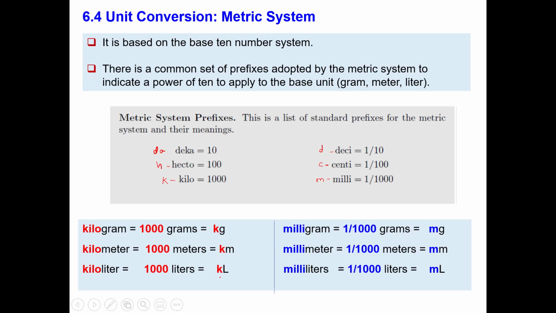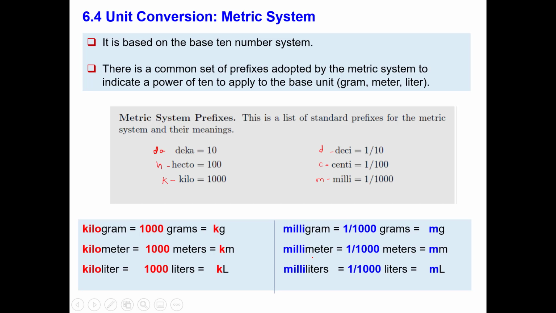We can use the prefixes with any base unit. Here we have the example with the prefix milli: milligrams, and we can write it in abbreviated form with a small m.